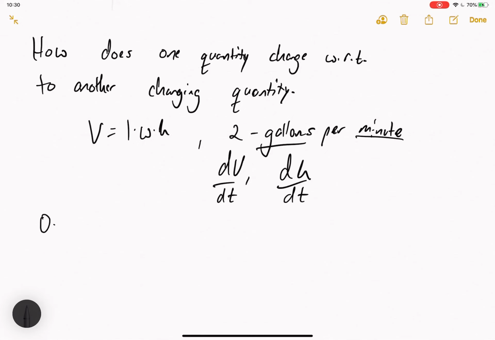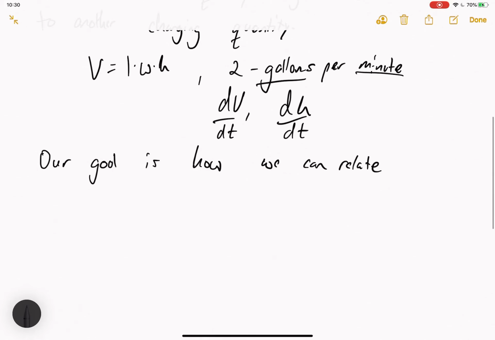So our goal, in terms of these equations: how can we relate dH dt, what we want, in terms of what we know?